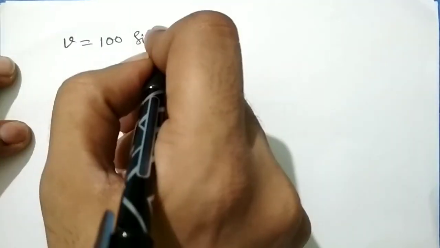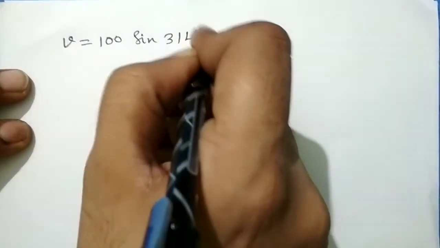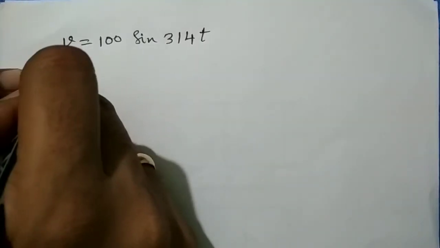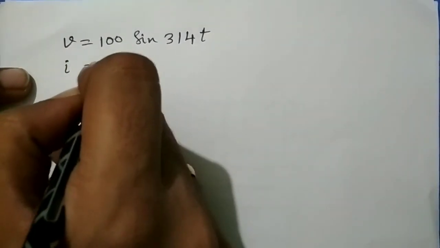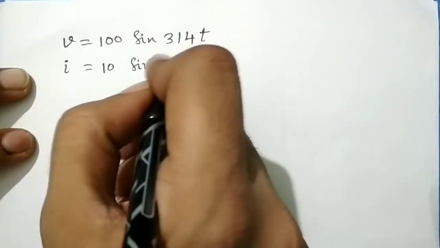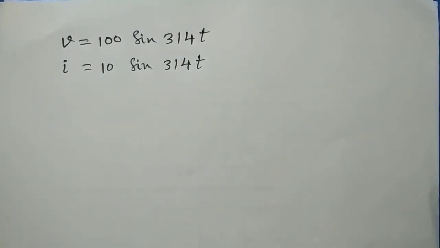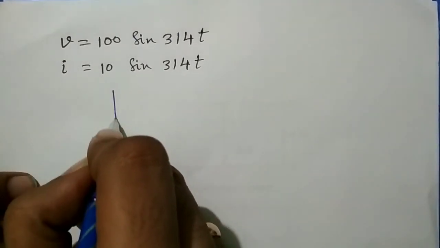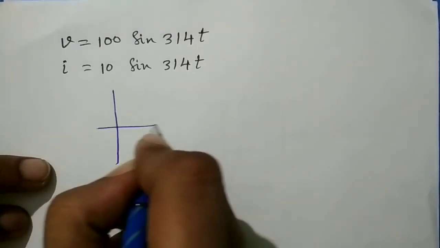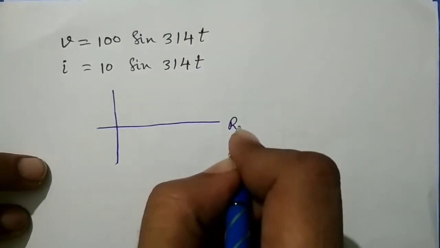Again, see that if the alternating voltage is given by V equal to 100 sin 314t, and the current is 10 sin 314t, in this case, if we want to draw the phasor diagram of the voltage and current, here this is the reference line.